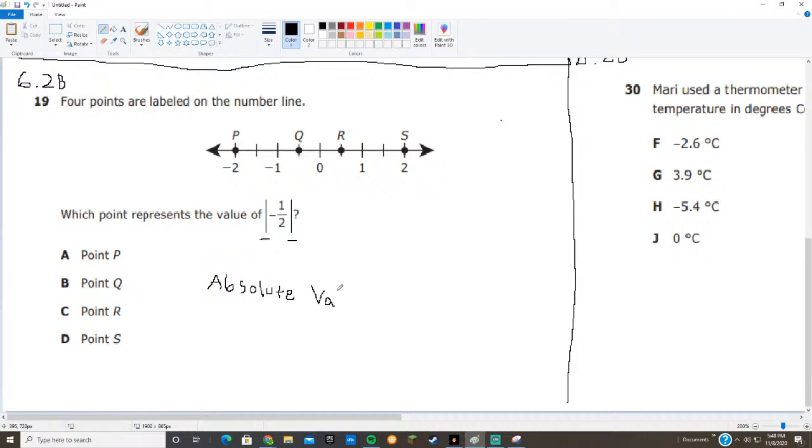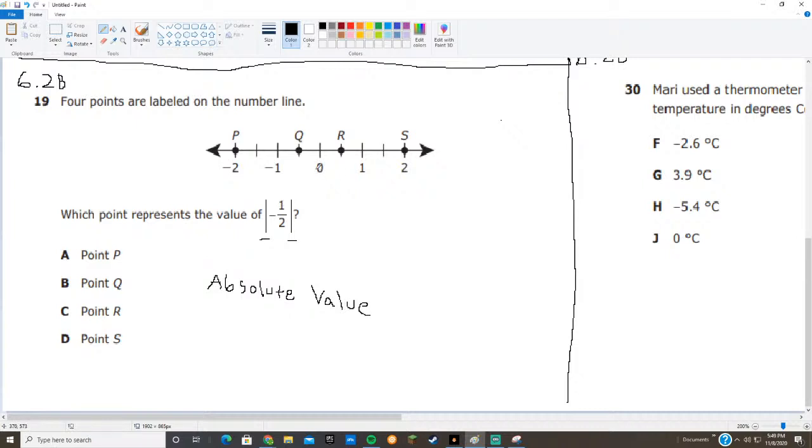That's what those bars mean when you see them surrounding a number. So how do we get the absolute value of this number, -1/2? Well, first we have to know what absolute value means. Absolute value means how far away this value is from 0.